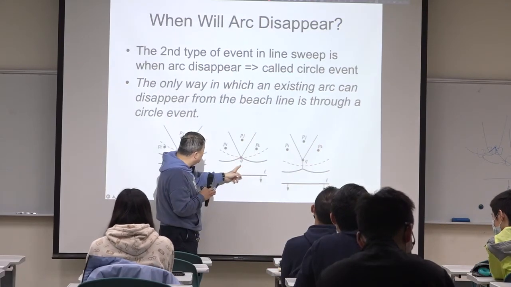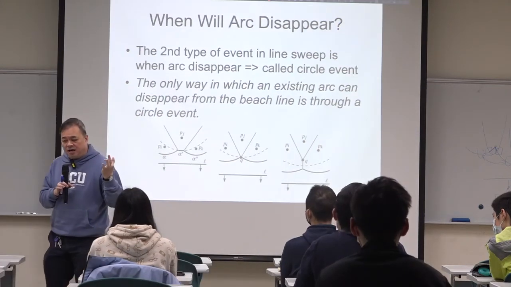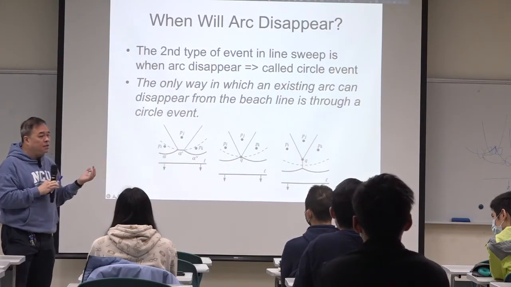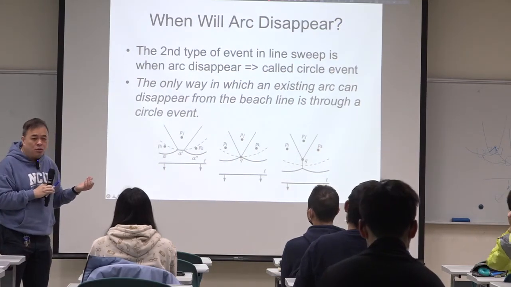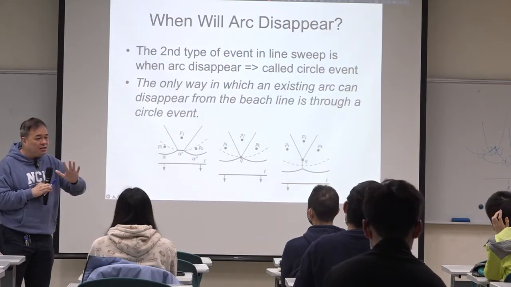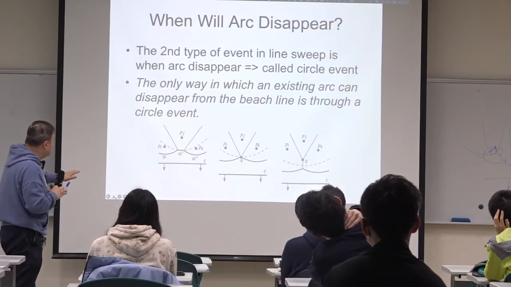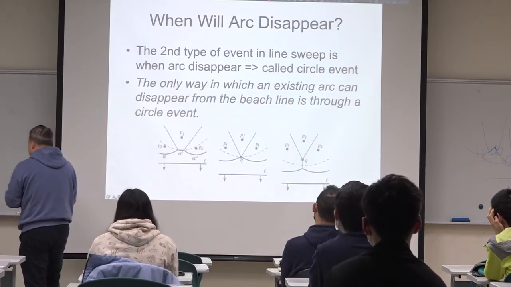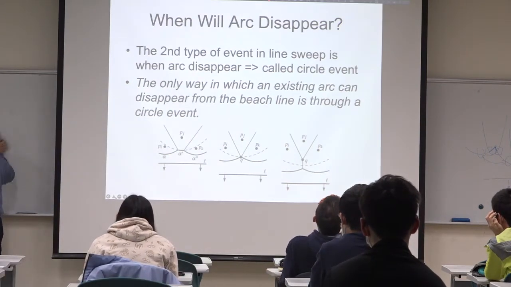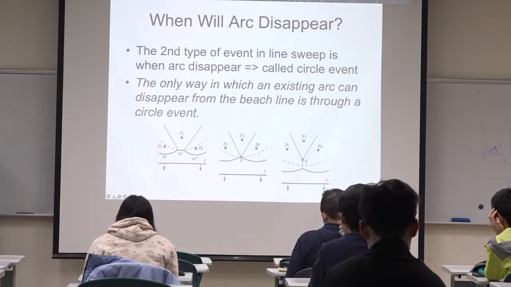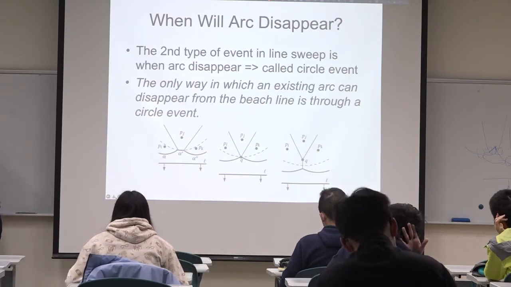So this is where the circle event is going to occur. For every three consecutive arcs, you try to insert this into the event queue. Of course, some of those may not happen. Why do I say that? For example, let's say we have four arcs.